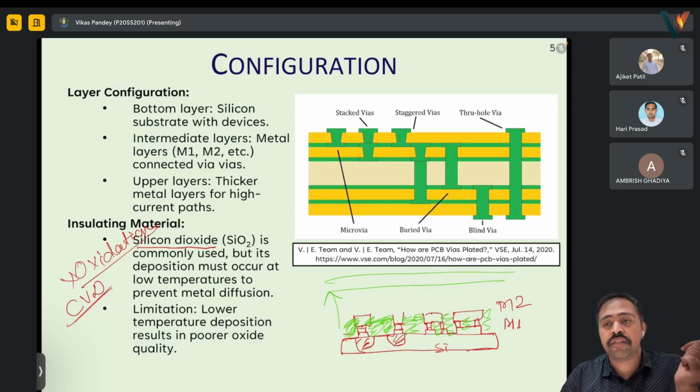Yes, Ajiket, you are saying something? No, I was just thinking, between sputtering and ALD, which is the lower temperature, because ALD we can do even at room temperature or below room temperature, right? Yes. Sputtering needs some more temperature, but metals can sustain at least 70-80 degrees, so not an issue.